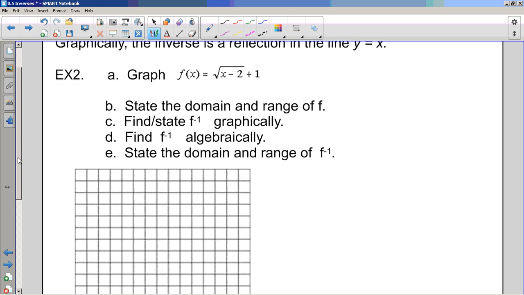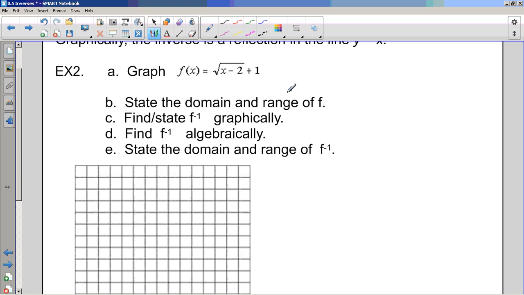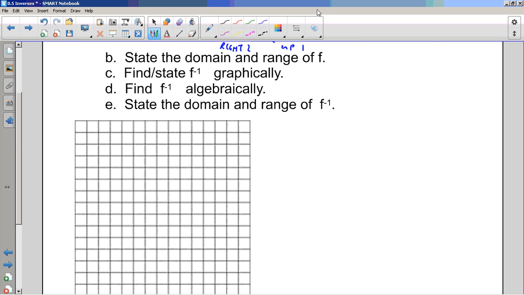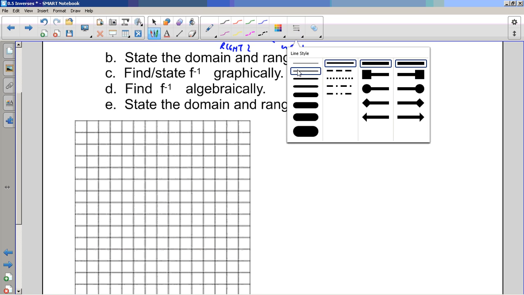And so if we wanted to graph this, this is the parent function, square root of x, that's been moved right 2 and up 1. And this is very similar to the last example we'll see. So I'm going to get some scale going here.